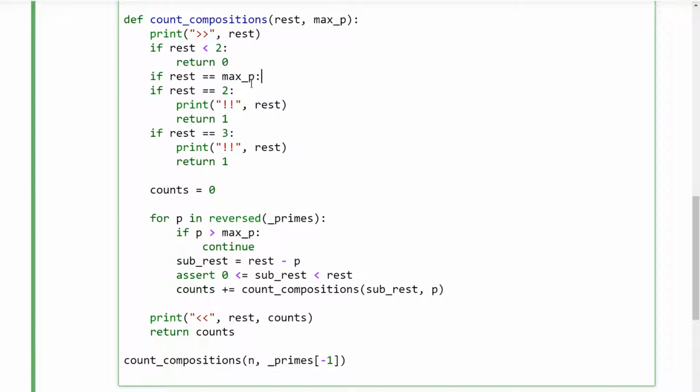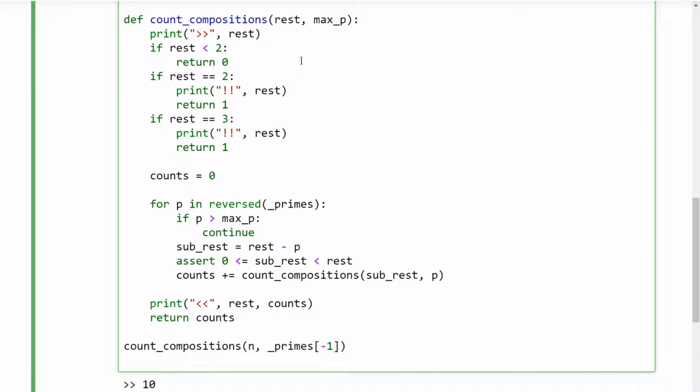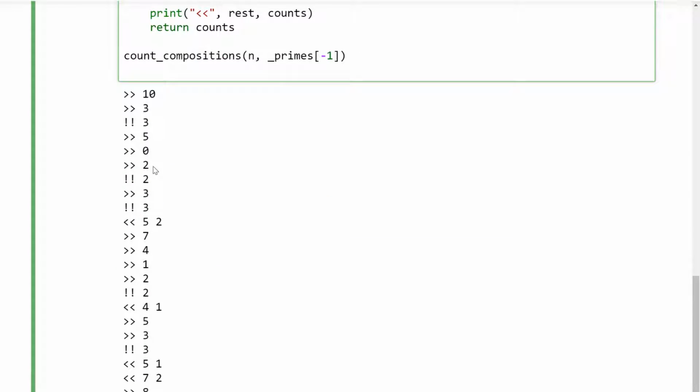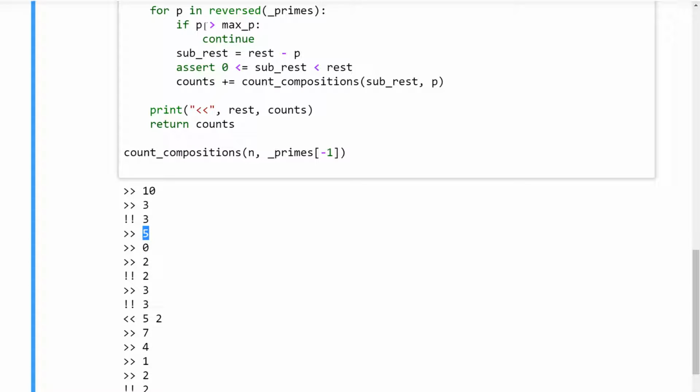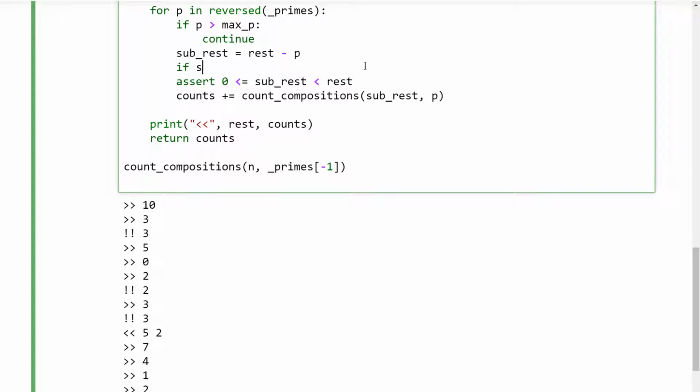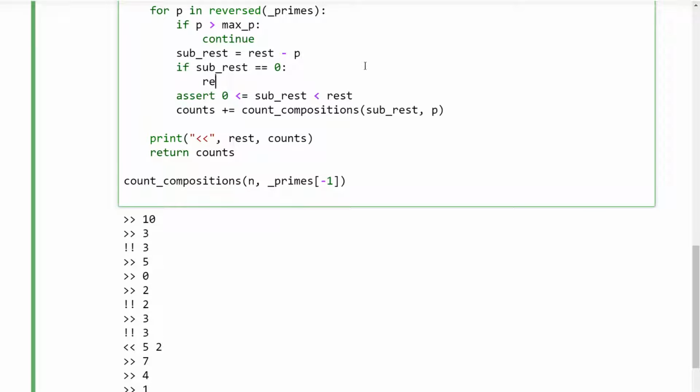No. So we're looking at 5. So the first prime it will look at is 5. And it will get 0. So no rest. I guess we can say if sub rest is 0, return counts.